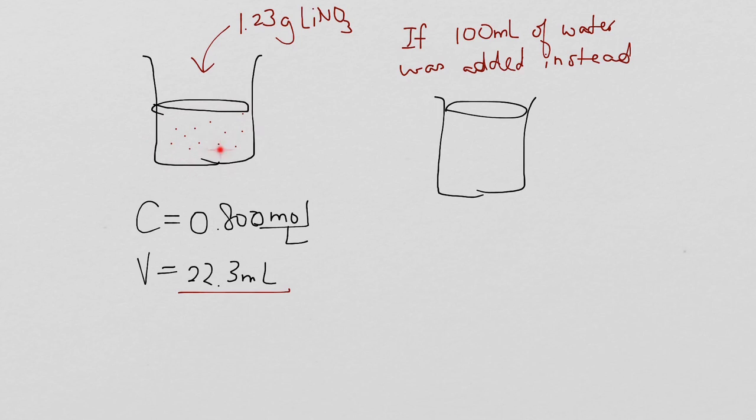So the amount of solute hasn't changed because that's the amount you've added. But instead of spreading it out over this 22 mL of water, you're now spreading it out over this larger volume of water. So what will happen to the solute? Well, the same amount of 1.23 grams would now spread out. So in essence, when the solute is allowed to spread out more, the concentration is going to lower.